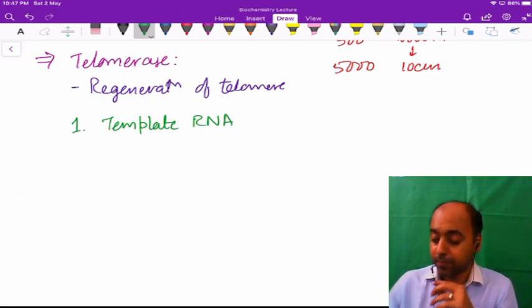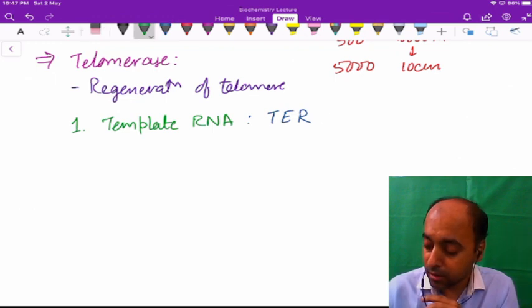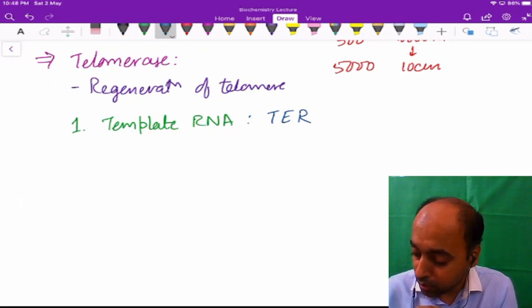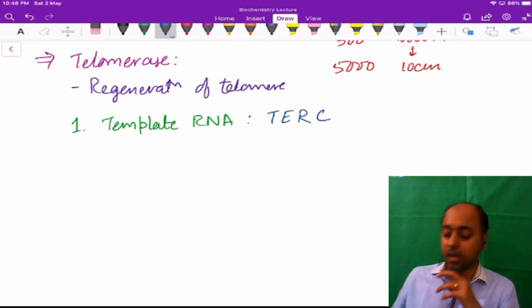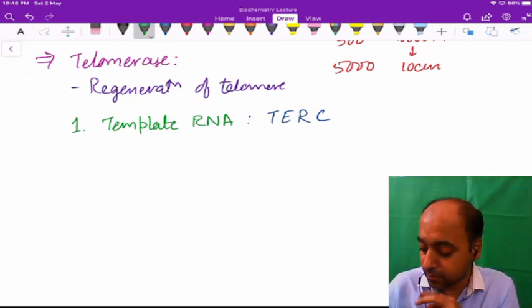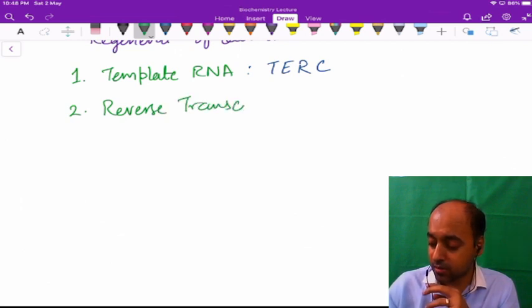This template RNA is also commonly known as telomerase RNA component, TERC. And the second is the telomerase reverse transcriptase.